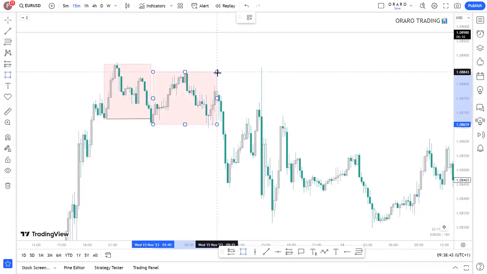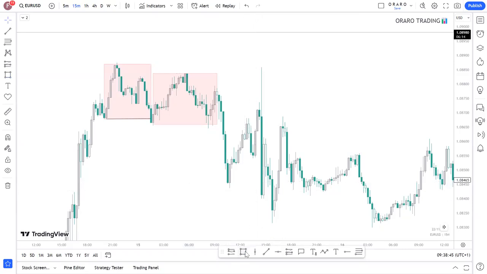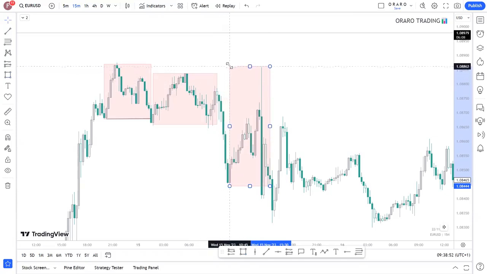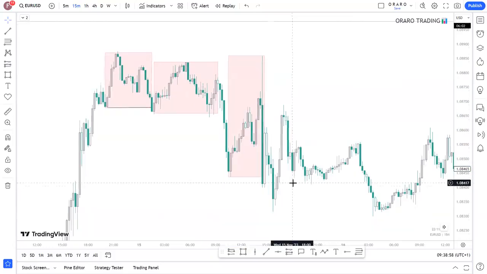Then order flow was bearish. Order flow was also bearish here.